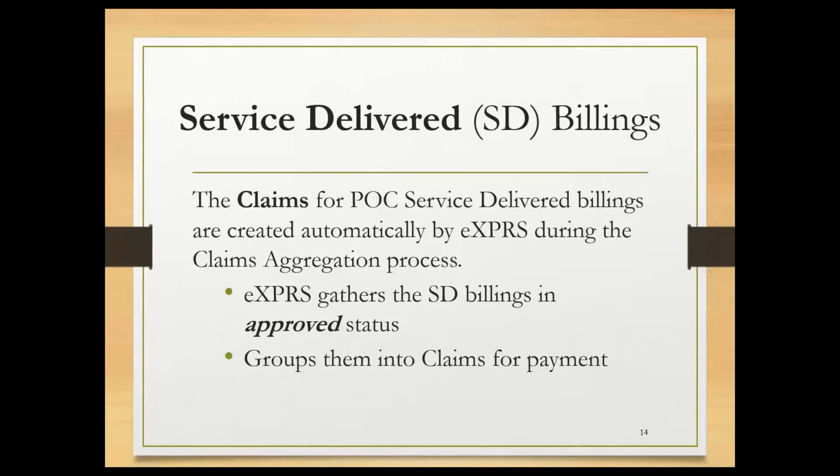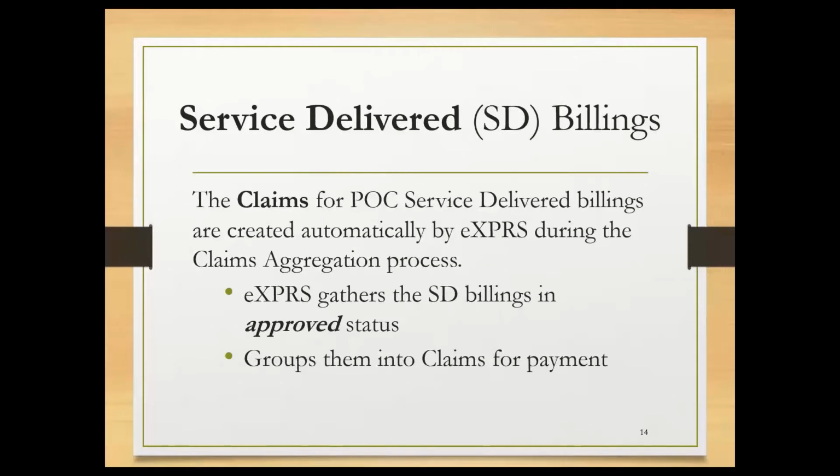And how that works is that your SD billing entries that have been submitted and cleared all the validation checks to be okay to pay, once they have cleared all that, move to a status of approved. And then each weeknight, Express will go in and look for agency service delivered billings that are in approved status.